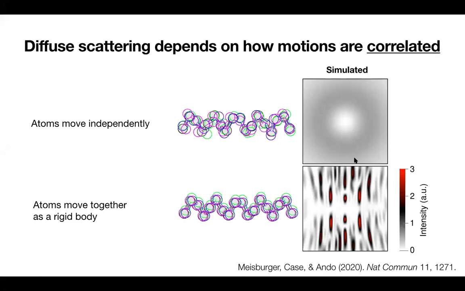Now you see a distinct fingerprint in the diffuse scattering of that correlated motion. What's cool is that these two examples, the way I've set them up, have identical B factors. So these would give rise to identical Bragg diffraction and the same crystal structure. You cannot distinguish between these two cases with Bragg diffraction. But with diffuse scattering, you can.